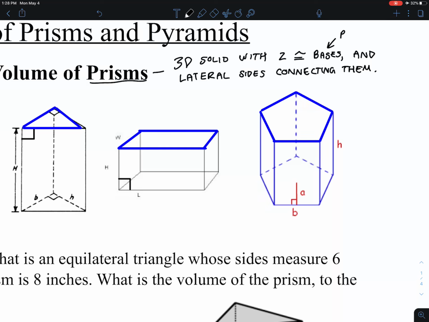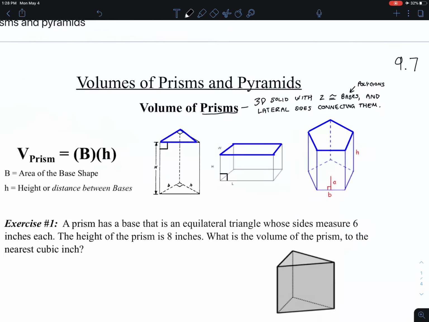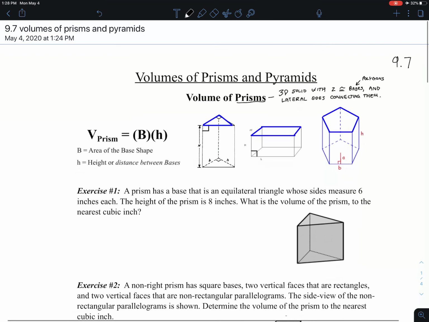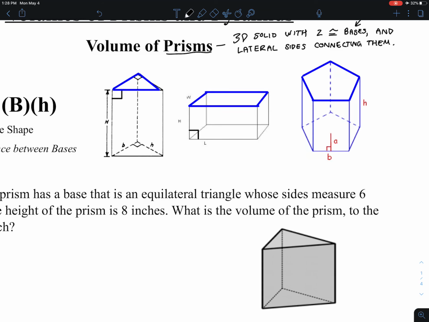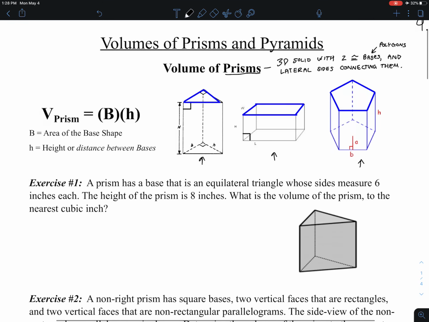We also know that the bases have to be polygons, meaning figures that don't have any curved edges and that are complete all the way around. So here we have a couple examples. We have a triangular prism here, a rectangular prism, and a pentagonal prism, right?